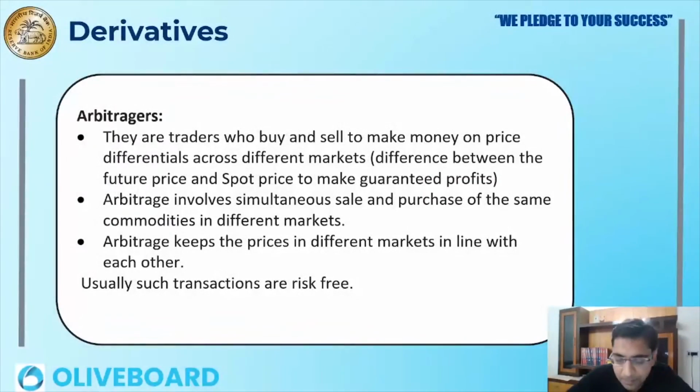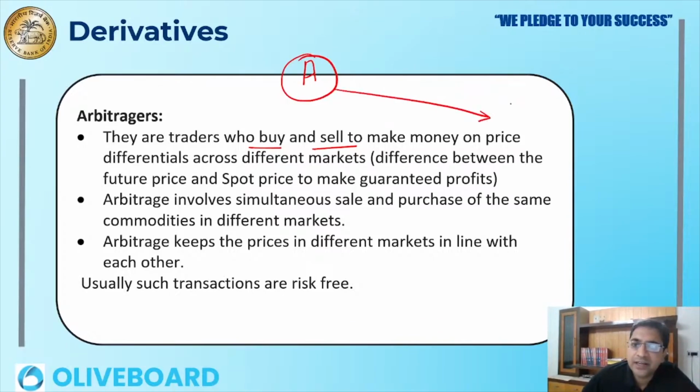Now there come the people who are some of the smartest people. Normally, these are called arbitrators. Who are these? They are the people who buy something and sell the same thing, and they get the profit from the price differential. Like if I am A, and here is wheat.